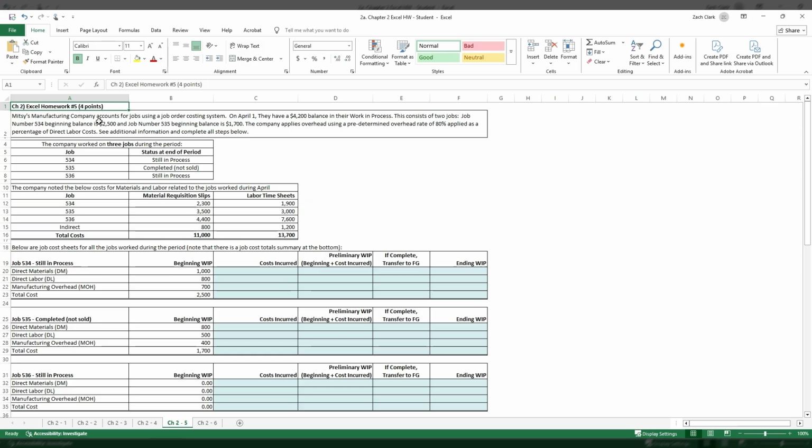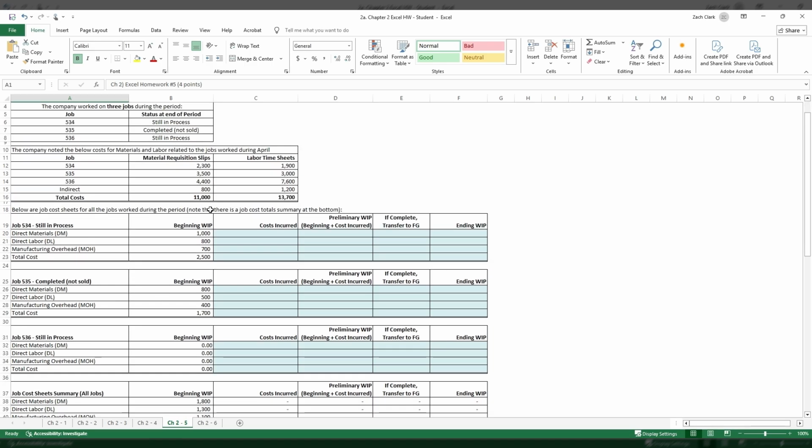Okay, so we've got this manufacturing company, and we account for jobs using job order costing. On April 1st, there is a $4,200 balance in work in process. This consists of two jobs, job 534 with beginning balance 2,500 and 535, beginning balance of 1,700.